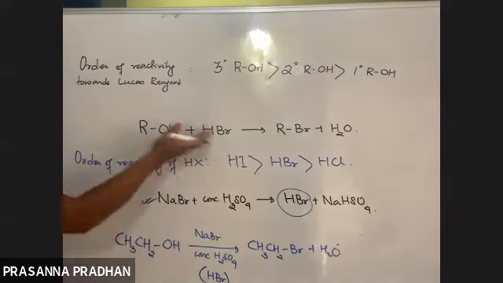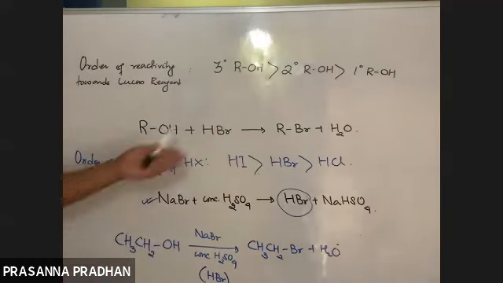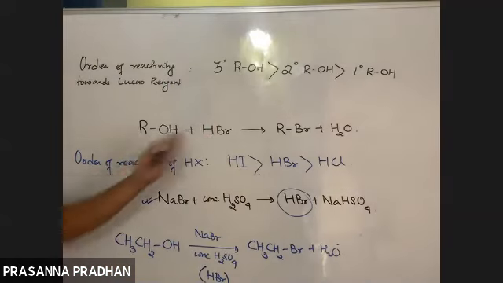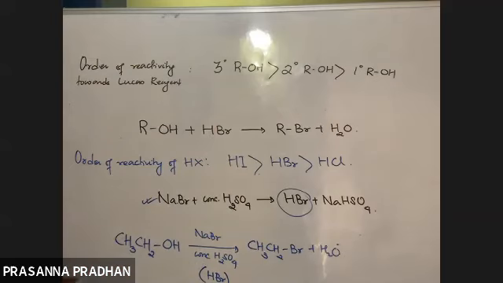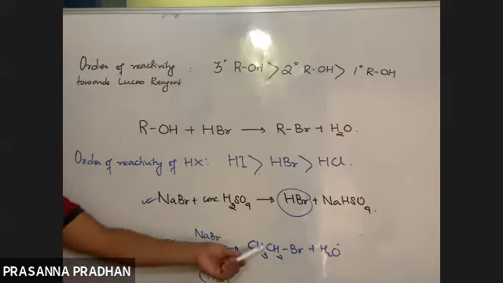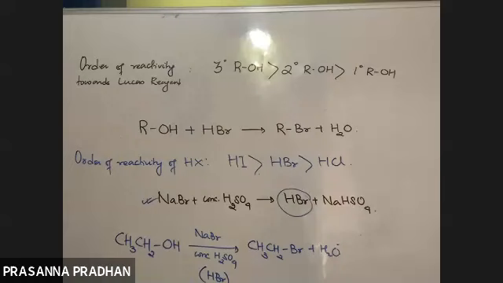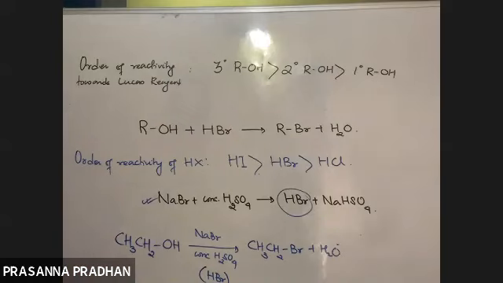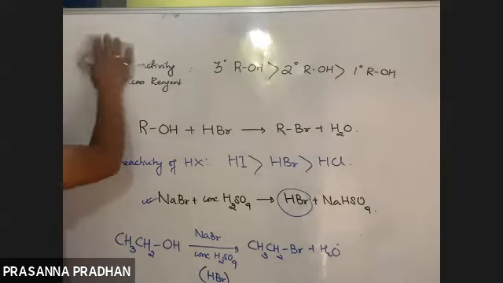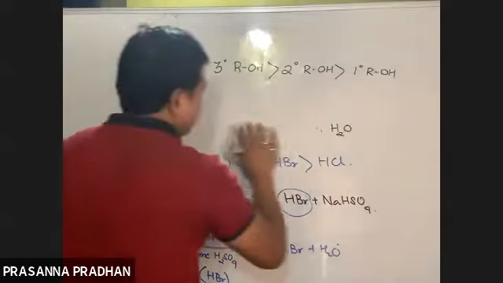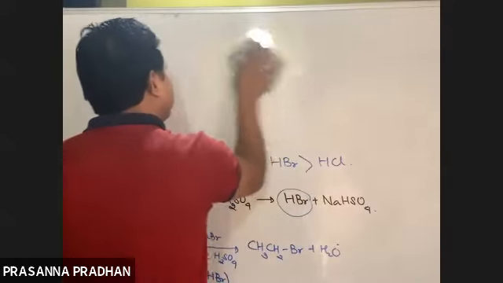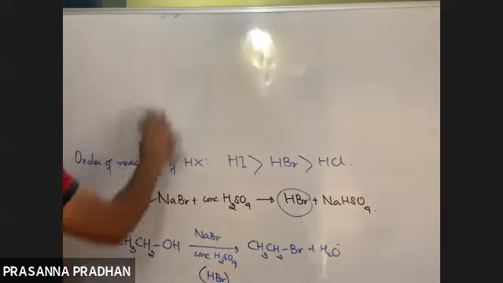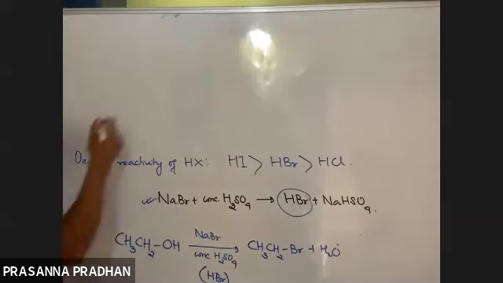So if directly HBr is given, well and good, not an issue. But instead of HBr, these two reagents might also be given. So here you must remember that NaBr and conc. H2SO4 react to produce HBr. So alcohols also react with HBr. Now what about HI? Let us see. Alcohols react with HCl, they react with HBr, so obviously it should also react with HI.